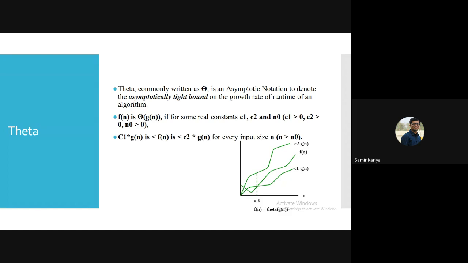That means we are finding two constants, c1 and c2. n0 is common, but other than n0, we are finding c1 and c2. In that case, c1 into g of n is less than f of n, and c2 into g of n is greater than f of n.